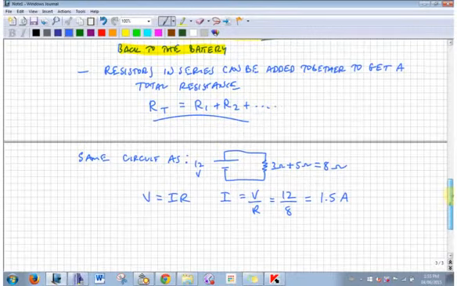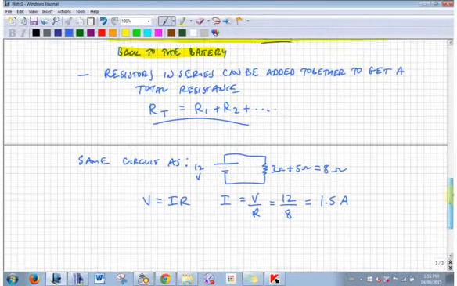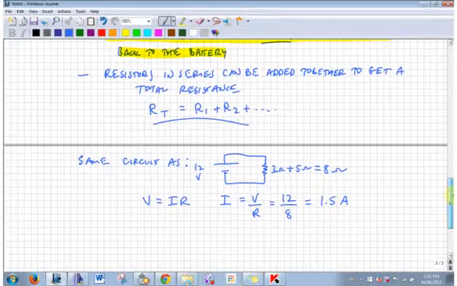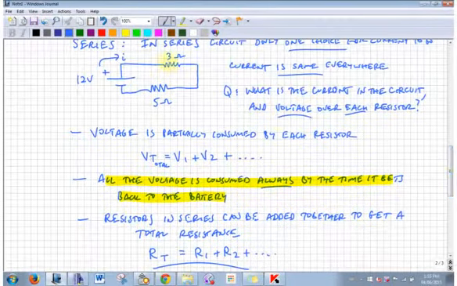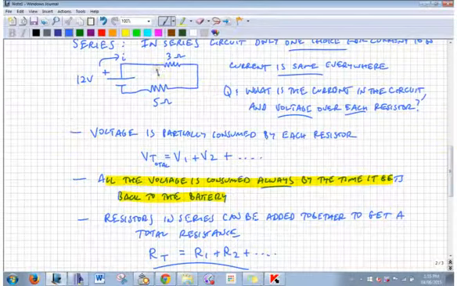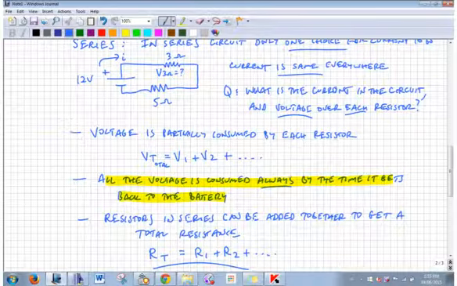Okay? So what else am I asking? What's the voltage lost over this resistor? Well, what is V of 3 ohms? What's the voltage across there? Do I know Ohm's law? Yep.